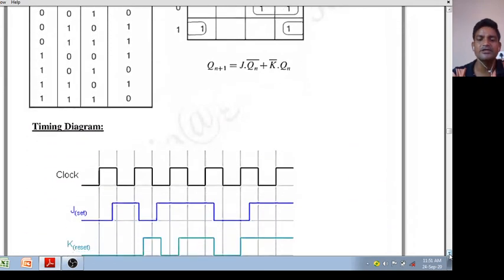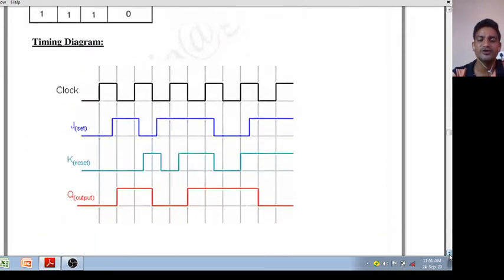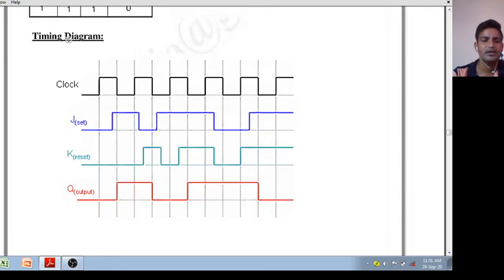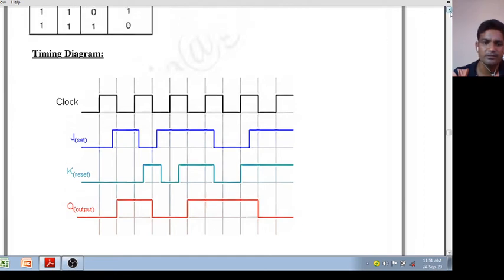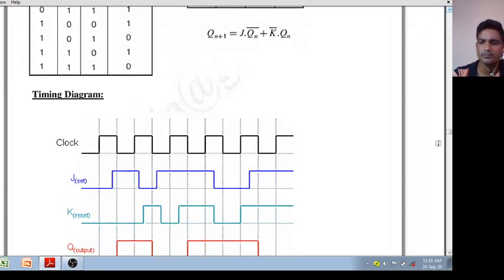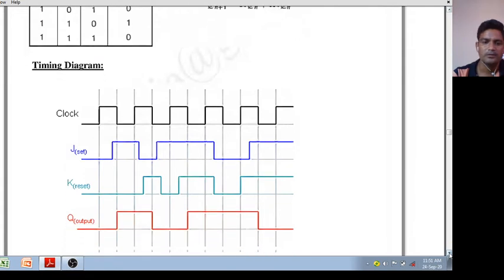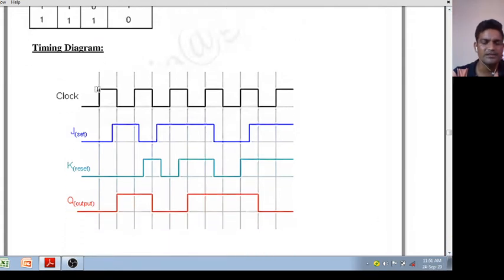Next, this is your logic, this is your timing diagram. Suppose this is your clock pulse, this is j, this is k. J is called set, k is called reset. That's why I am saying j is equal to s, k is equal to r. These three are given.